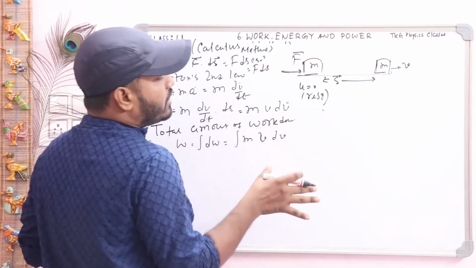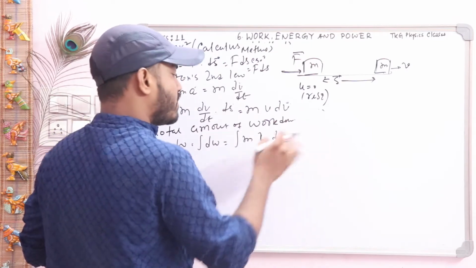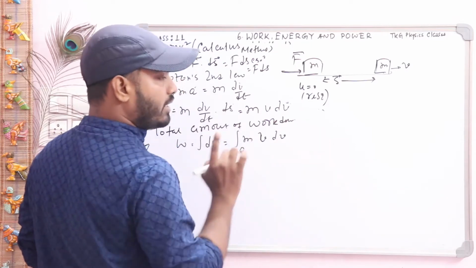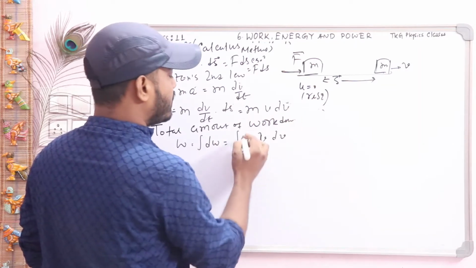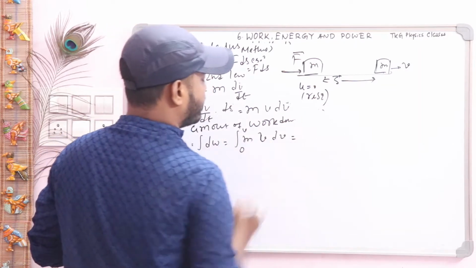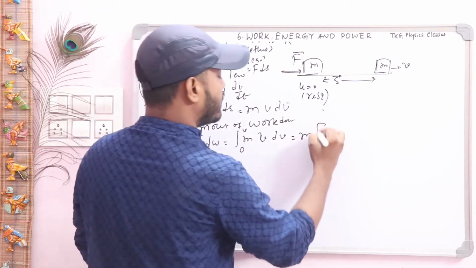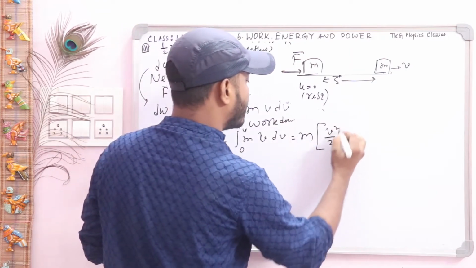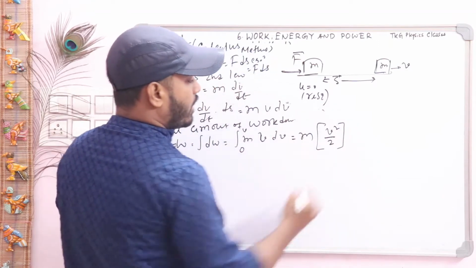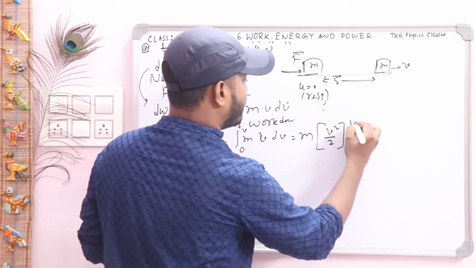And you see here, the body is initially at rest, so the lower limit of velocity is 0, and the final velocity is v. Now integrate it. m constant outside, v into dv integration, you know the integration, v square by 2. Now lower limit 0 and upper limit v.